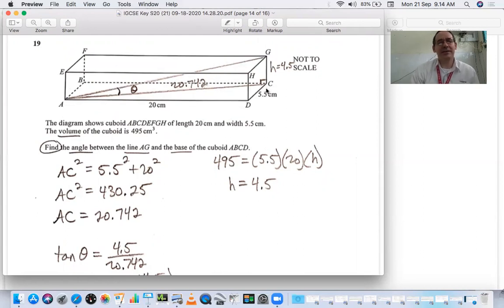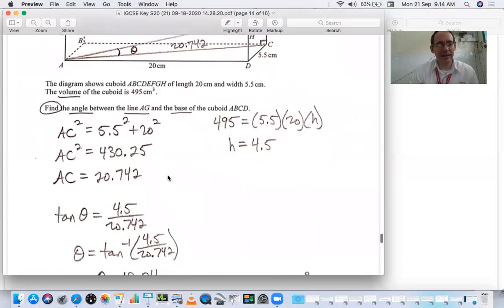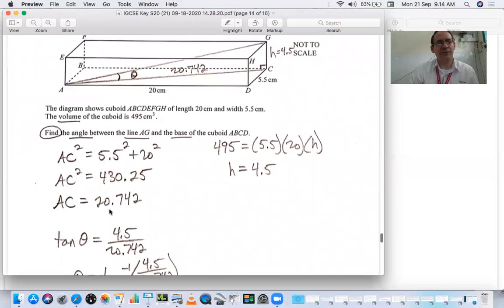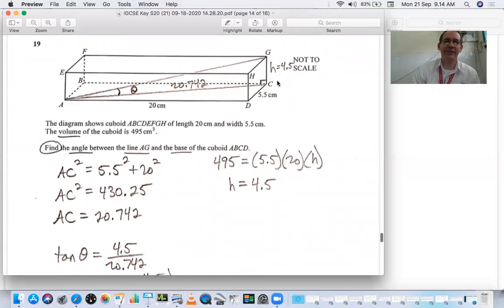First we need to find this AC, which is the hypotenuse of the base, the hypotenuse of this 5.5 and 20. So we use our Pythagorean theorem to solve for that, and we get a hypotenuse of 20.742. We already have the height.